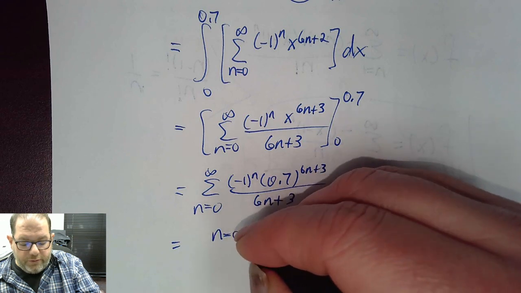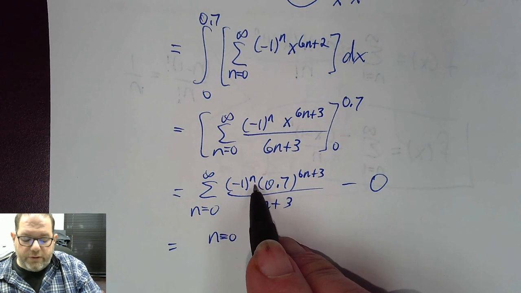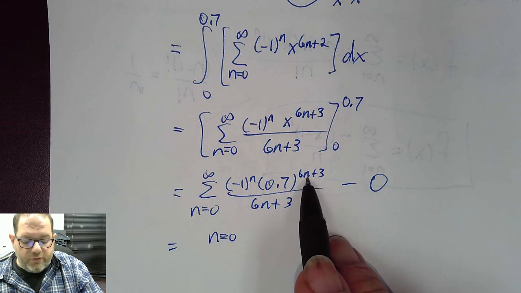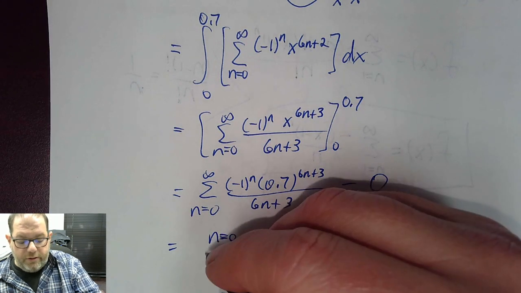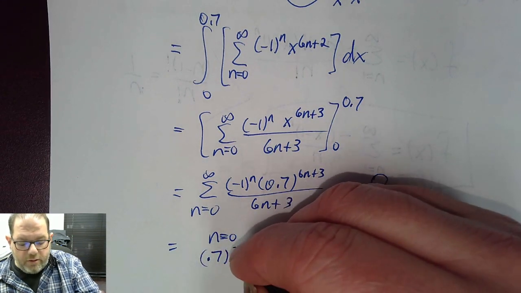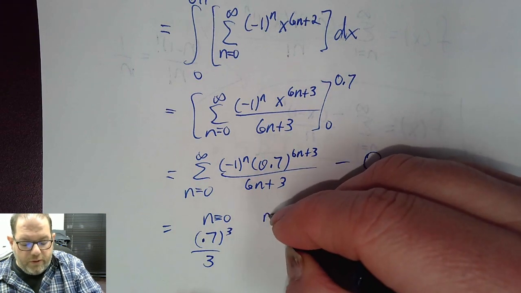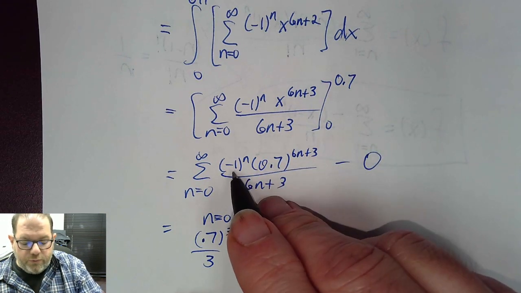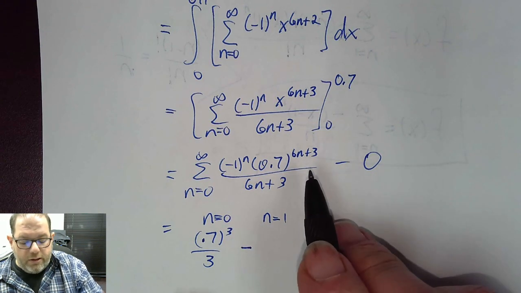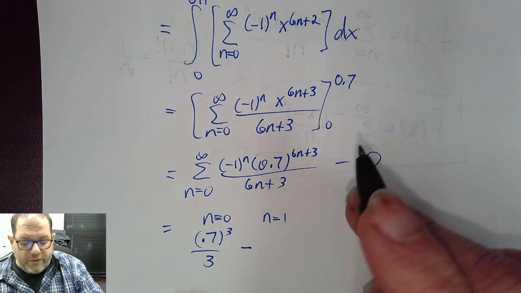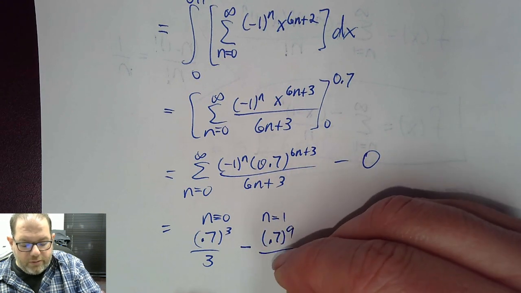So n equals 0, if we plug that in, negative 1 to the 0 is positive 1. 6 times 0 plus 3 is 3, so we have 0.7 to the 3 over 3. Okay. For n equals 1, negative 1 to the first power is negative 1, so it's negative. 6 times 1 plus 3 is 9, so we have 0.7 to the 9 over 9.